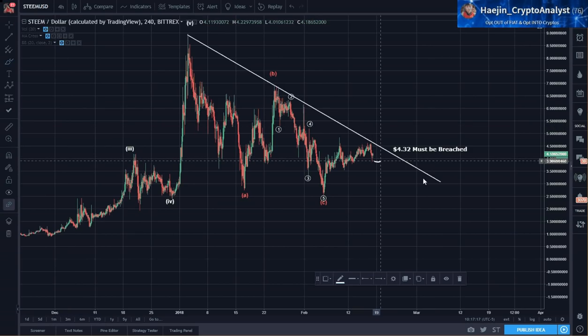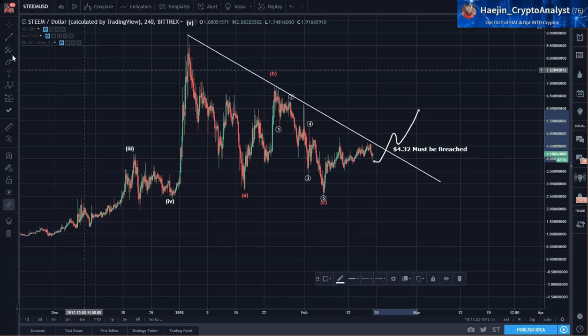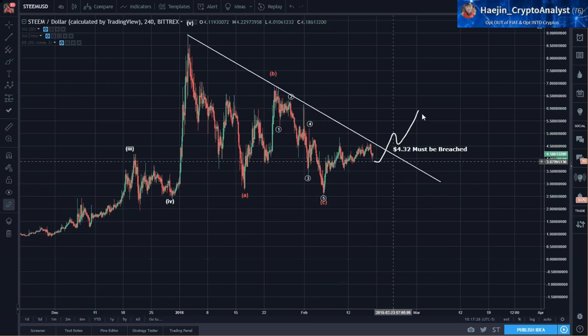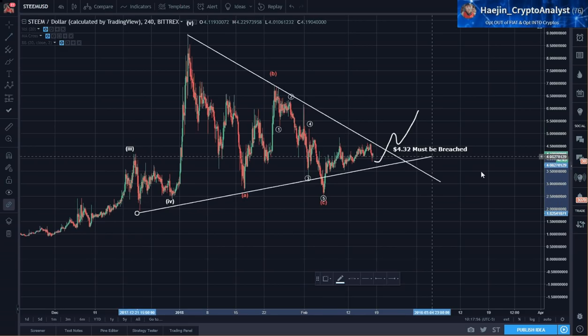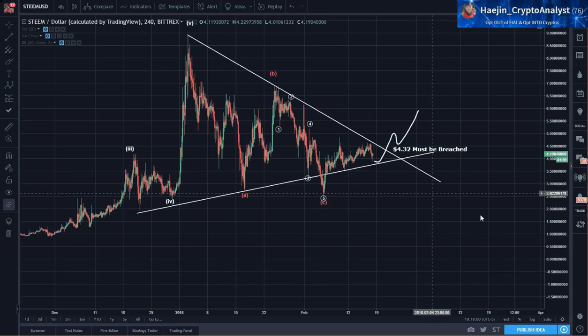So price will come around like this. It needs to be like this in an uptrend direction. If we continue the bottom line trend like this, it is very interesting.